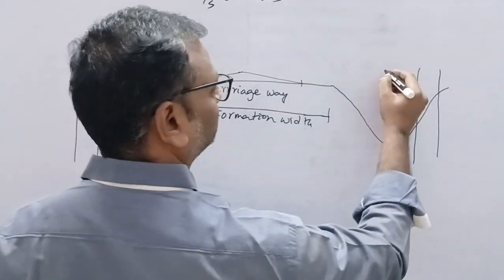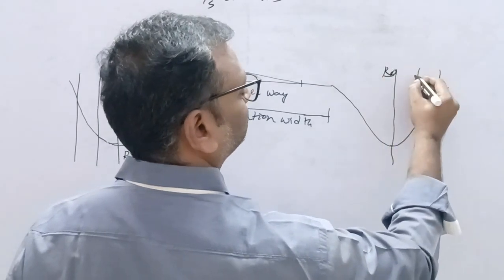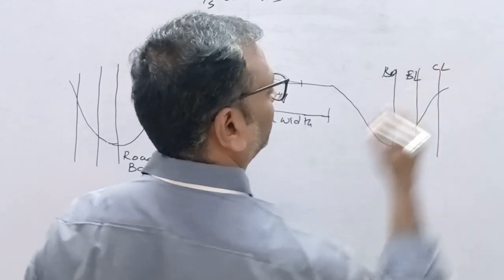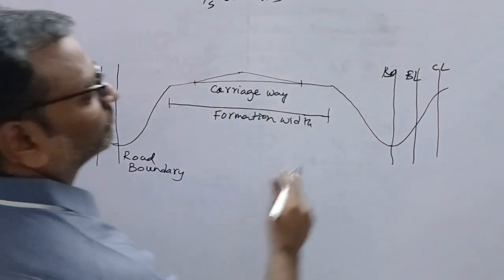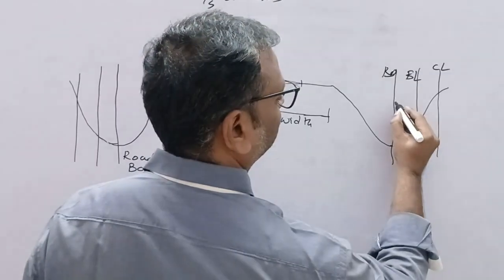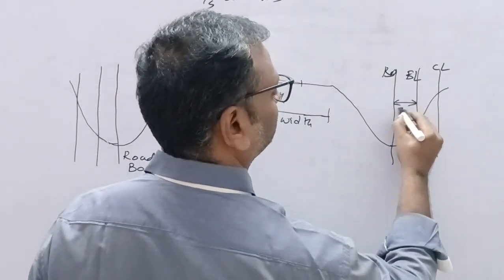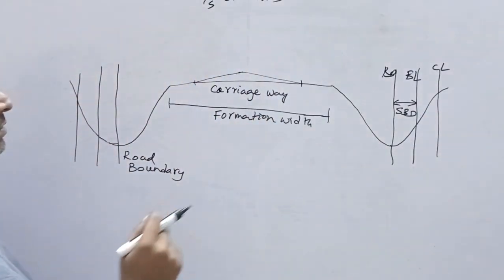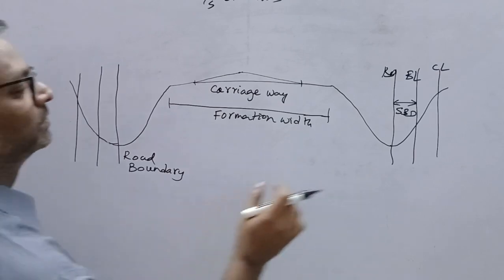One is building line, and the other one is control line. Road boundary, building line and control line. And the distance between these two is called setback distance. We will discuss it later.